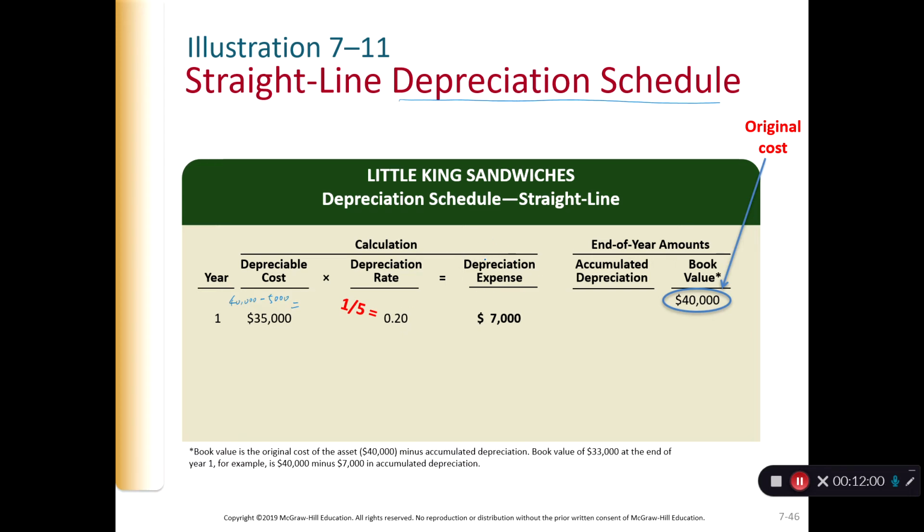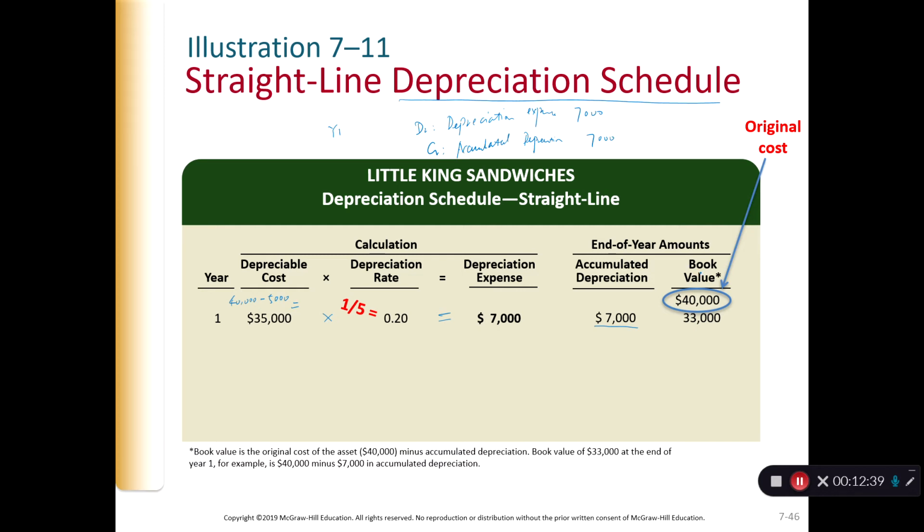Hence the depreciation expense equals $7,000, right? 35,000 multiplied by 0.2 is $7,000. And the accumulated depreciation account is at its first time, so you park $7,000 in accumulated depreciation, because you debit depreciation expense for $7,000 in year 1, and you credit accumulated depreciation for 7,000.